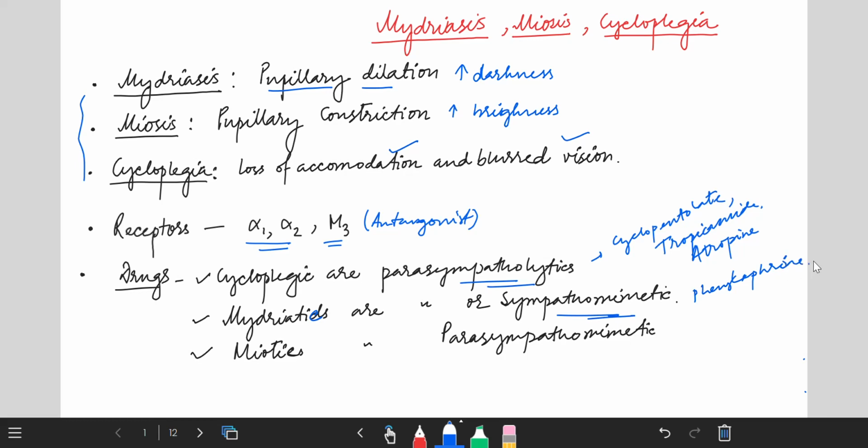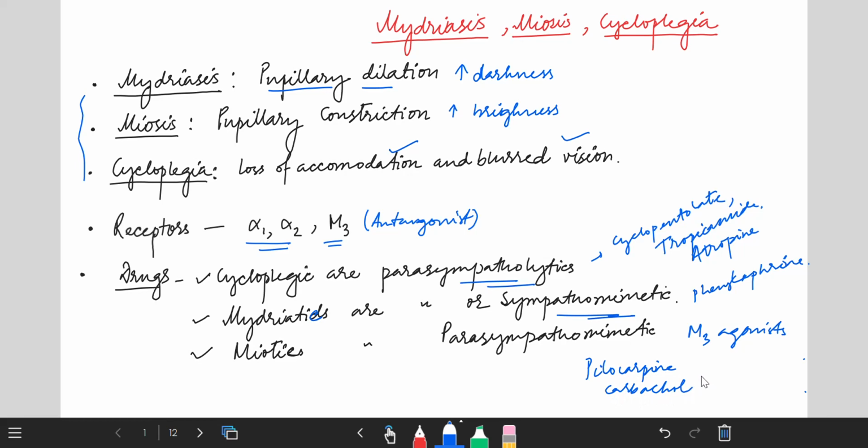Now, for miotic action, parasympathomimetics are used. For mydriatics, parasympatholytics or antagonists are used, and for miotic action, parasympathomimetics, meaning M3 receptor agonists, are used. For this purpose, the drugs are pilocarpine and carbachol.